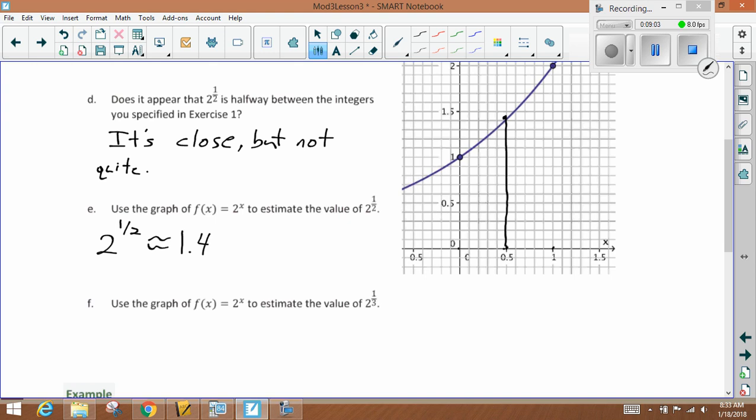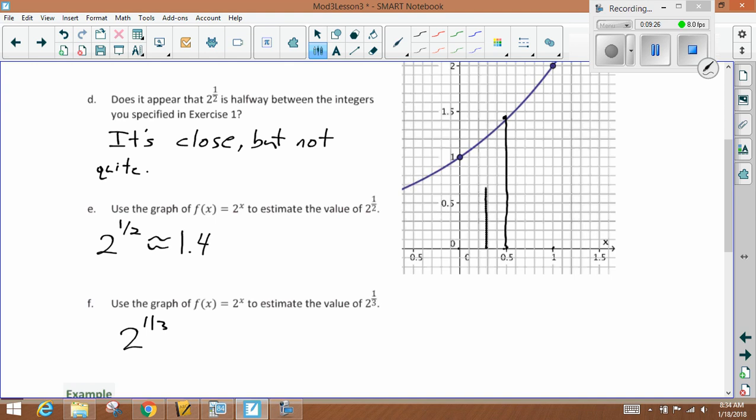What about 2 to the 1/3? If we're going to use this graph for 2 to the 1/3, the way that I would do that is I would go to what 1/3 is in a decimal, right? So 1/3 decimal-wise is 0.333. So let's just go to 0.3. We're estimating, so it's all right. 1, 2, 3. So we're going to start here.